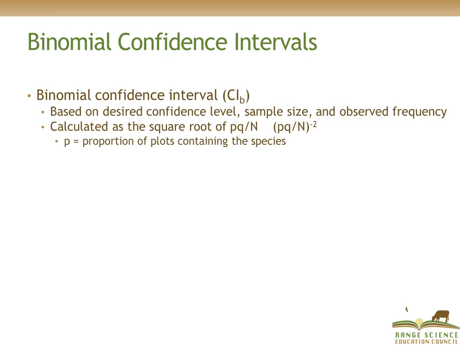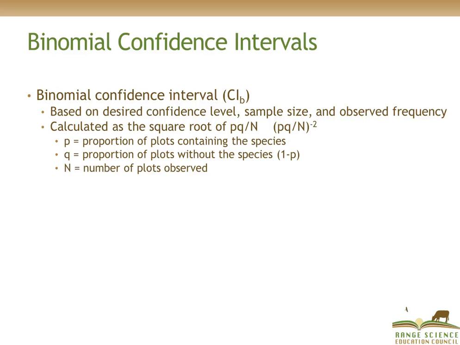Binomial confidence intervals are based on a desired confidence level that is stated, our sample size, and the observed frequency. They're calculated as the square root of p times q divided by n.